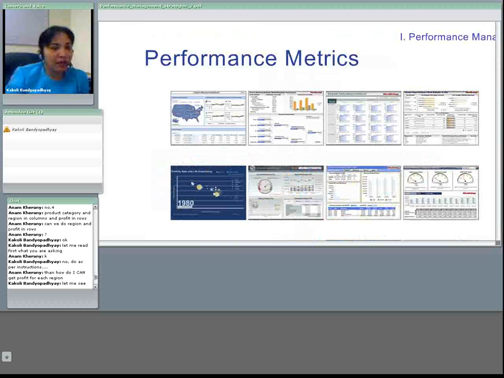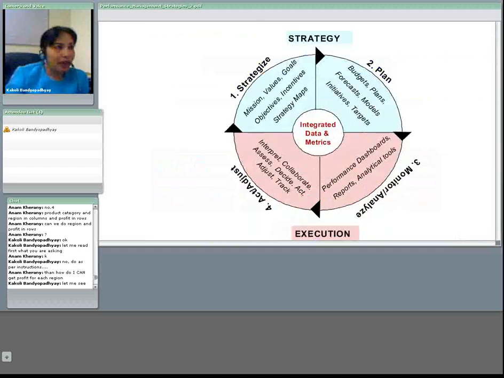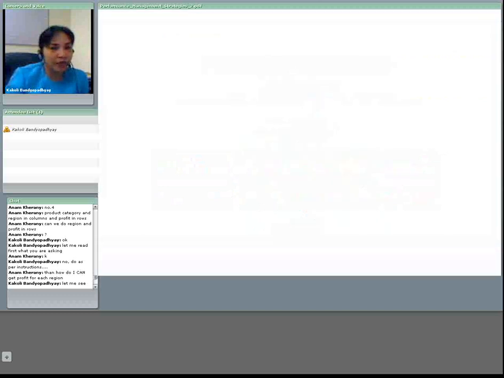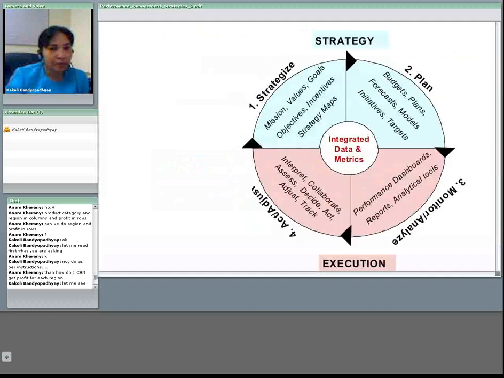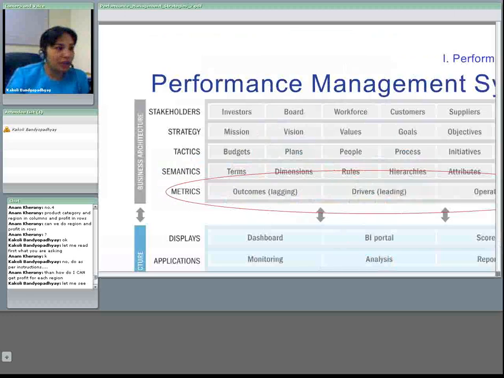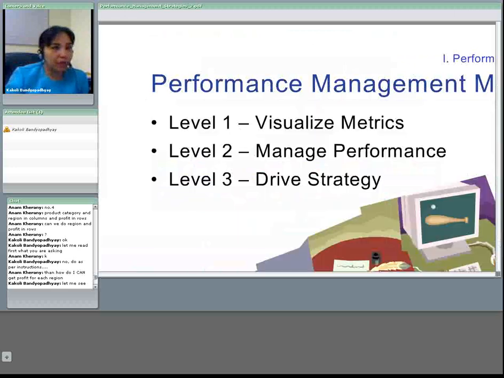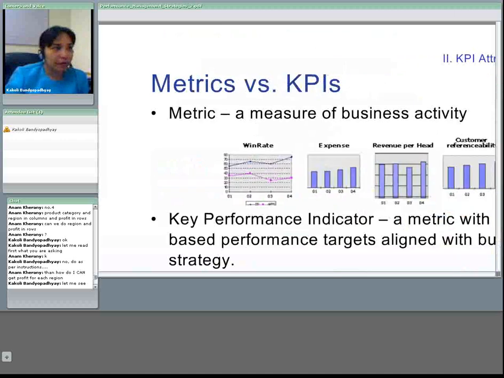You would see that they are similar to our dashboard that we designed, and this is the process, and we have gone over the process already, like strategize, plan, monitor, analyze, and act and adjust from the other slides. So we have done it, and then we would now cover KPI.